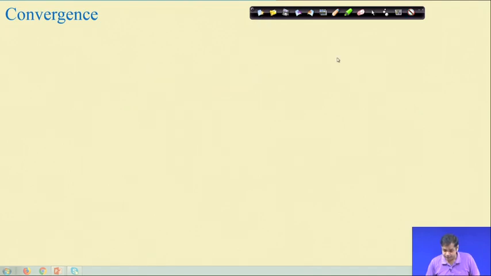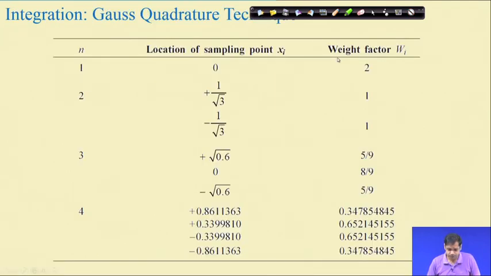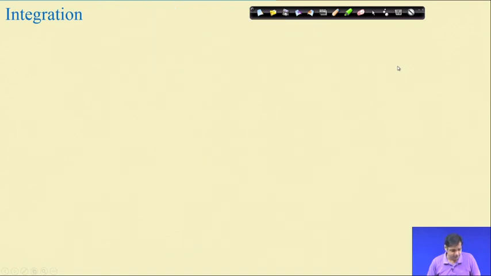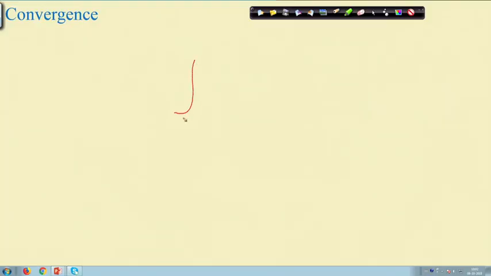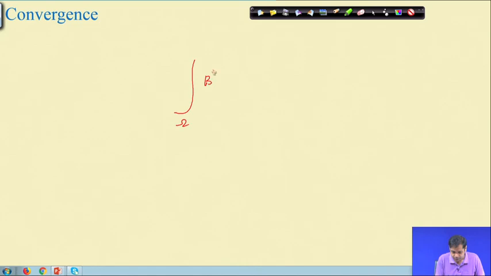Now, quickly, one important thing is still left, that is integration. We'll discuss that integration. You see, when we say that your stiffness matrix is the integral of B transpose D B, d omega, this has to be integrated over the domain.